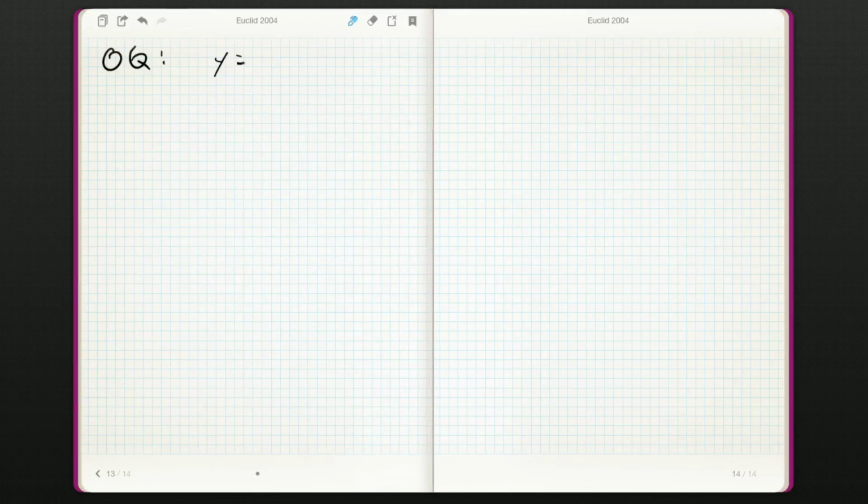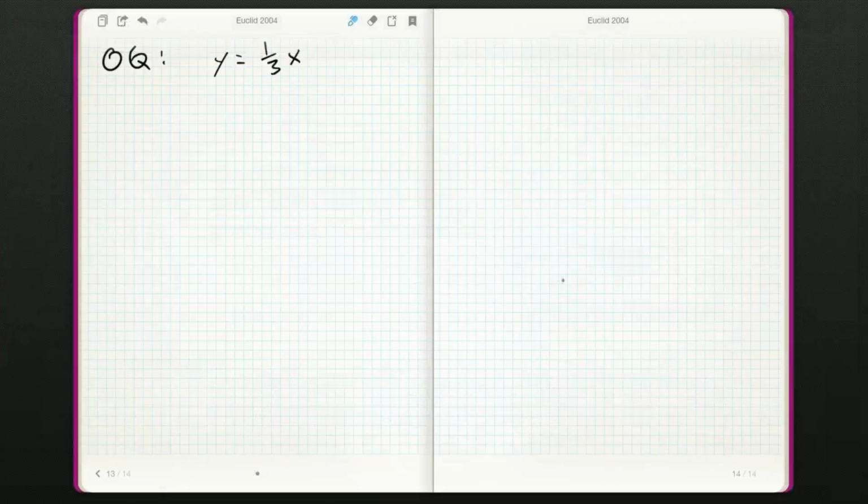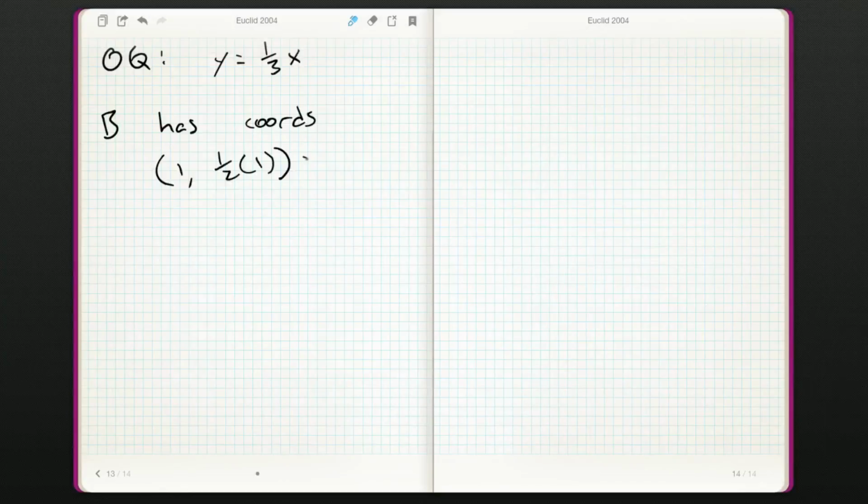So OQ has the equation of 1/3 x. And now I do want to be correct in my labeling, so B is on OP and A is on OQ. So B has coordinates 1 and then 1/2 of 1, or 1 and 1/2. A has coordinates, we plug 1 into the equation for OQ, which is 1/3 of x.